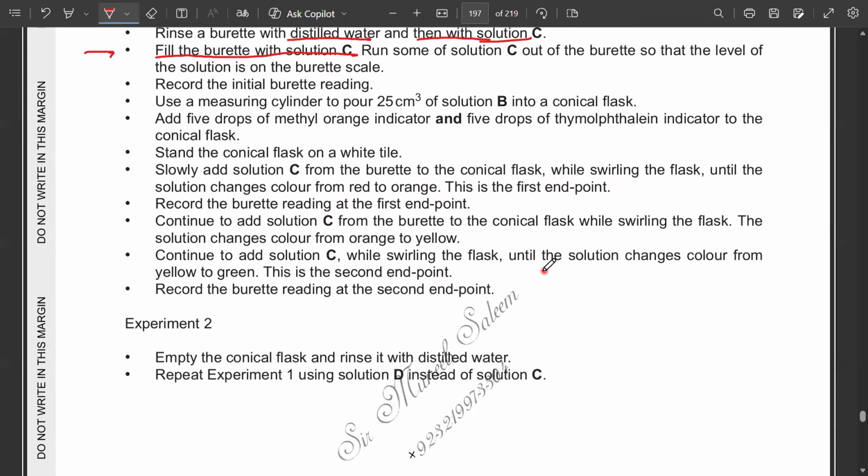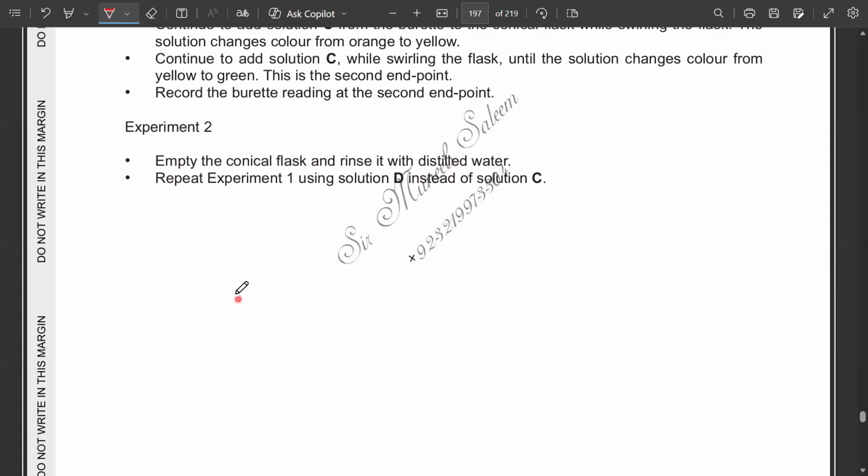Basically, if I draw a rough diagram of a section of the burette, let's suppose this is a part of the burette. Initially, if you had added the water to rinse it, then there will be some droplets present on the walls of the burette. Some water droplets, H2O droplets, will be there.